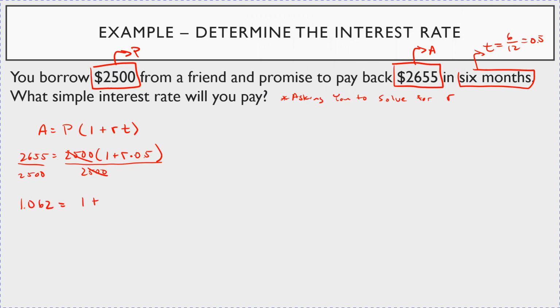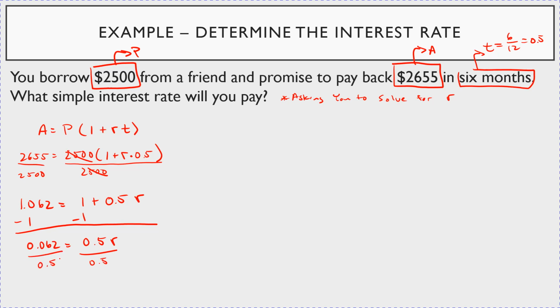1.062 equals 1 plus, I'm going to put this in front, 0.5 times r. So look, subtract 1 from each side because you want to get r by itself. So here you get 0.062 is equal to 0.5 r. Divide by 0.5.